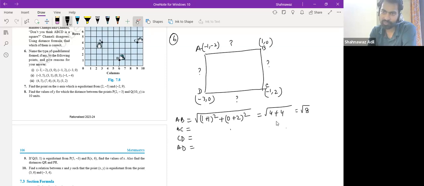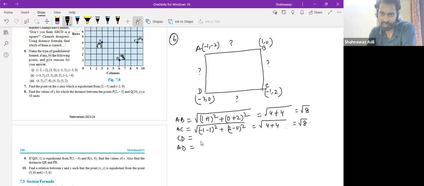Mistake. So minus 1 squared, and then 2 minus 2 squared. So this is again 4 plus 4, which is root 8.